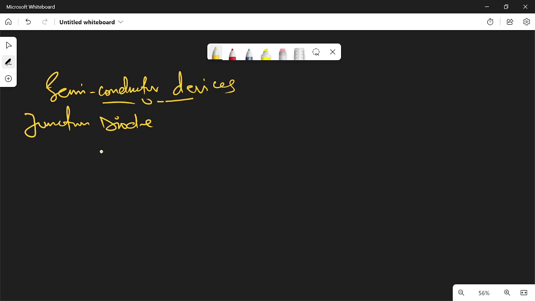Junction diode. When we talk about the junction diode, how do we get it? We get a junction diode by picking an intrinsic semiconductor. Let's say this is an intrinsic semiconductor.